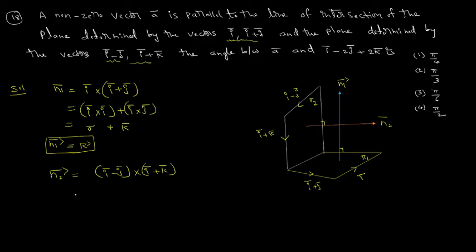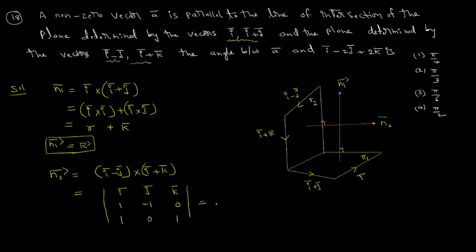Now use this process: i bar, j bar, k bar. Now coefficients 1, minus 1, there is no k bar here, 0. Next, second row: i bar coefficient is 1, j bar coefficient is 0, k bar coefficient is 1.